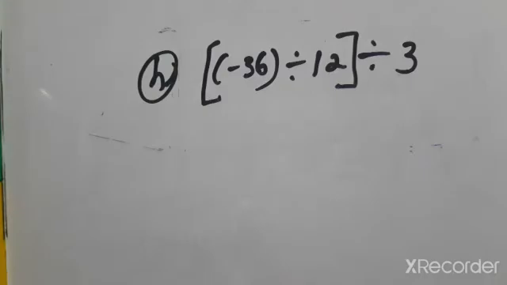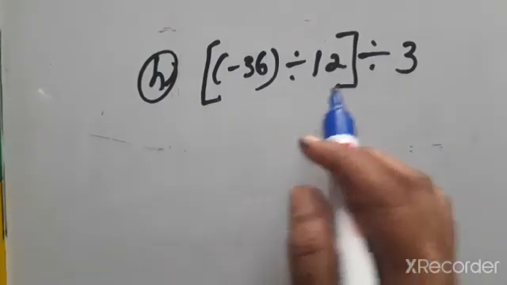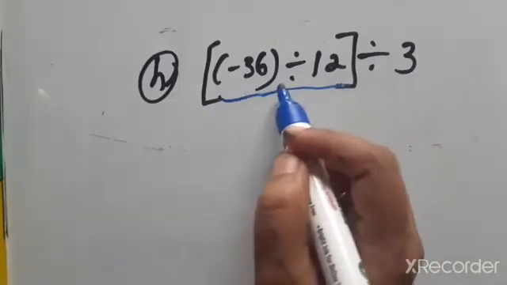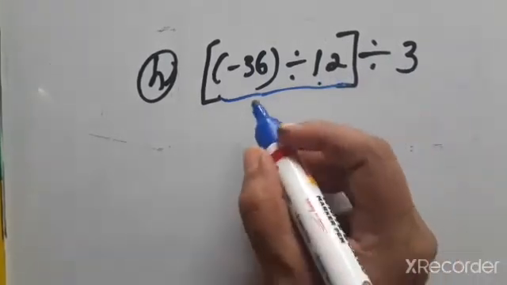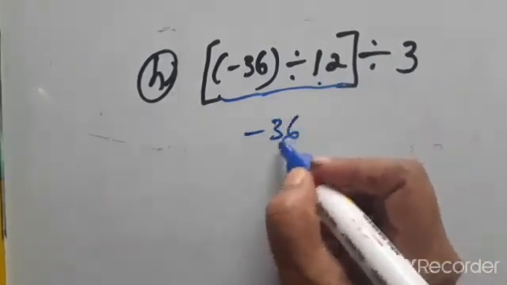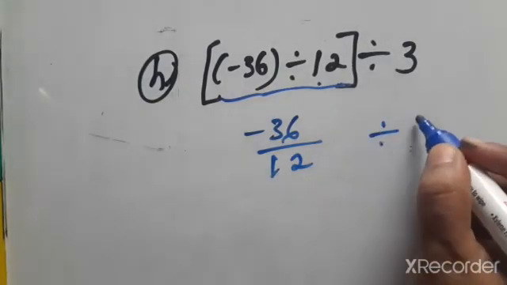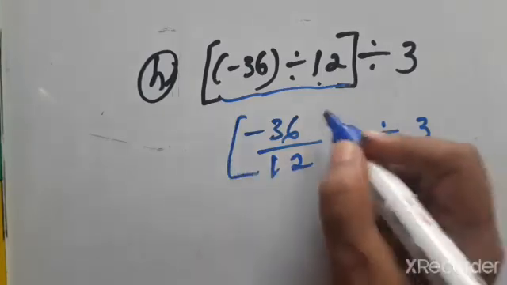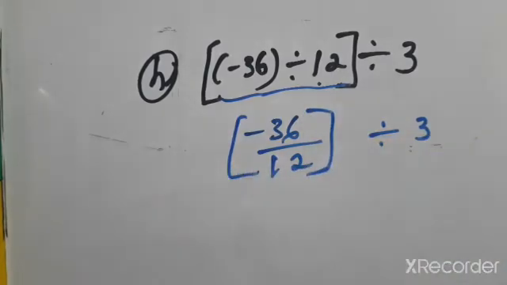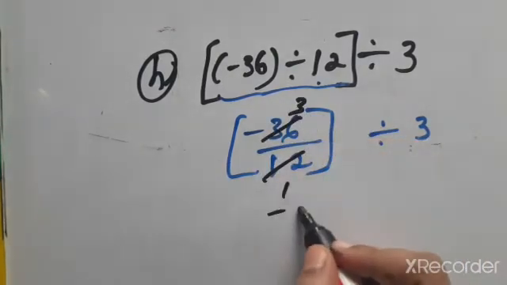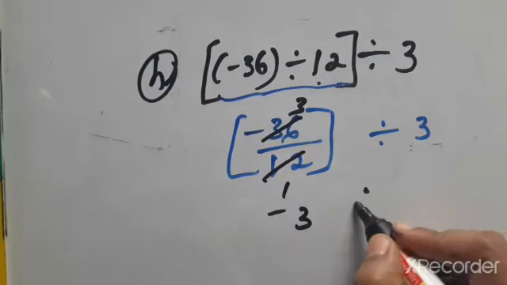Now H, minus 36 divided by 12 divided by 3. First simplify this, then divide it. Minus 36 divided by 12, and again divided by 3. First simplify minus 36 divided by 12. 12 threes are 36. The answer is minus 3, divided by 3.